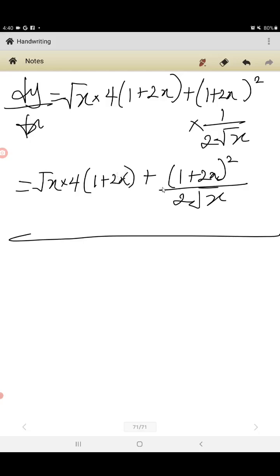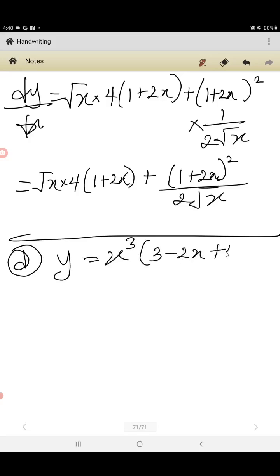So let's solve the last example in a product rule. So let's have another example: if y is equal to x raised to power 3 onto 3 minus 2x plus 4x squared all raised to power half.